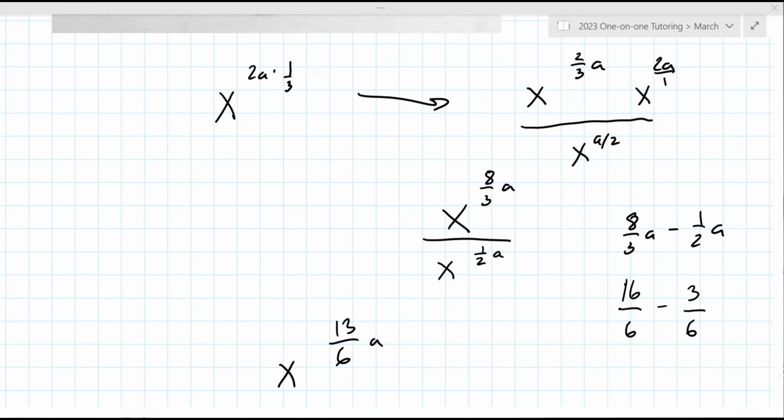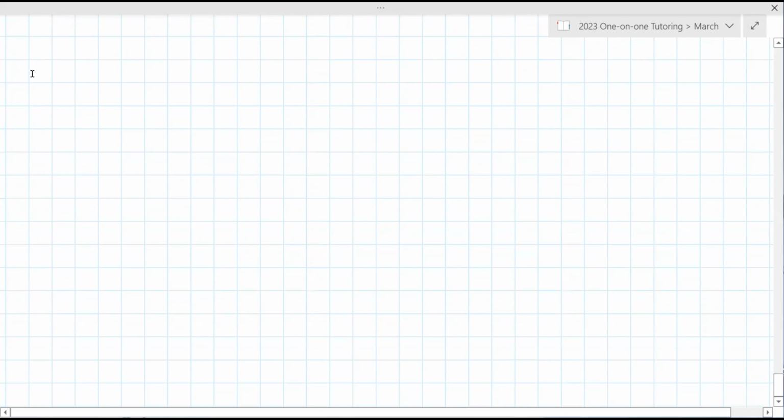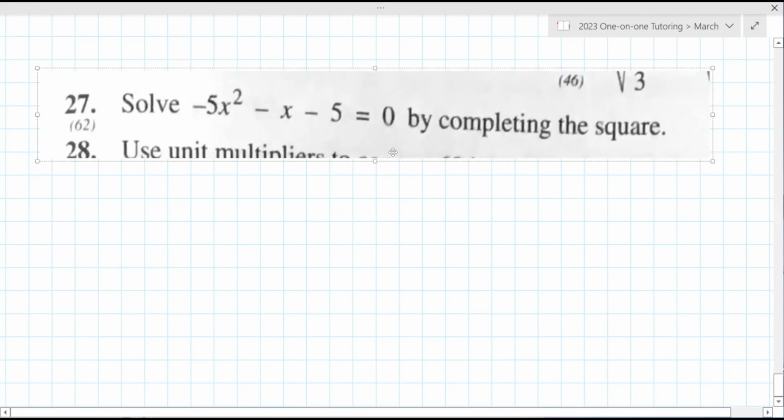Okay, 27. All right, solve by completing the square. Okay. So first thing is to move the constant to the other side of the equation.